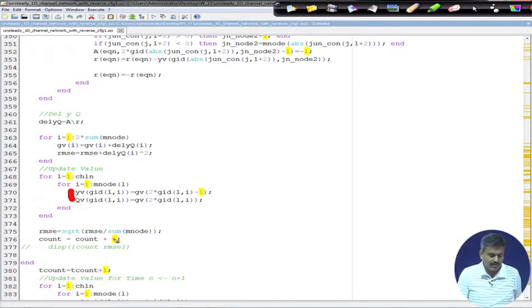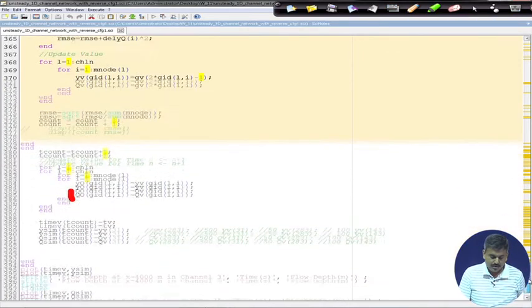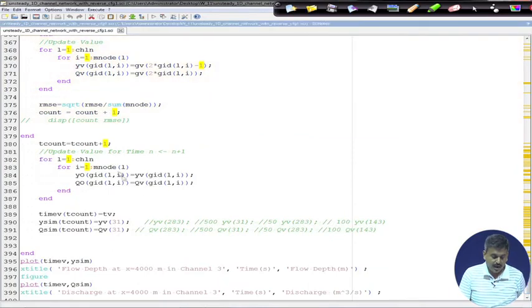And we should also calculate this RMSE, because if RMSE is less than epsilon max, we should terminate this. So, after termination of this space loop, we should update our time loop values, because this new time value will be the old time value for the next time loop iteration.